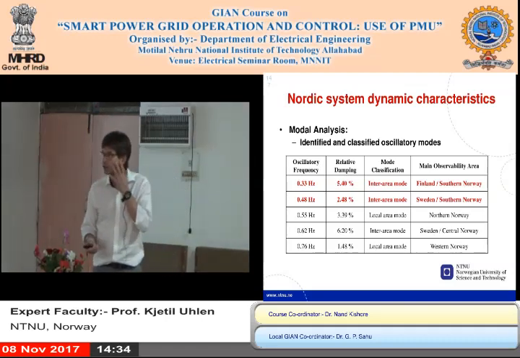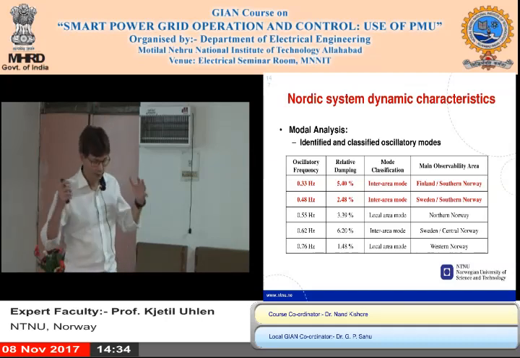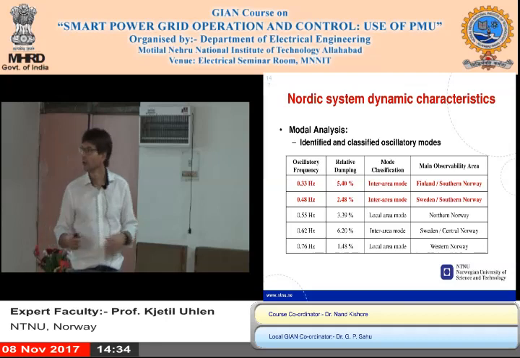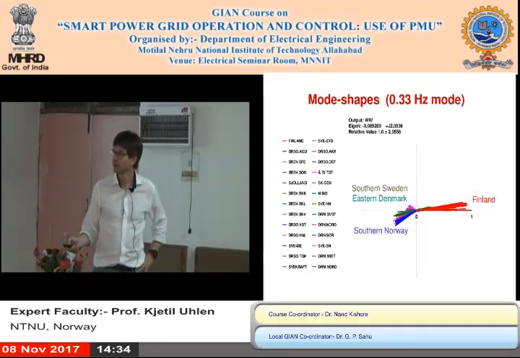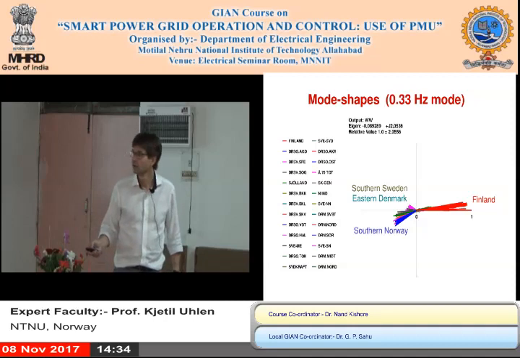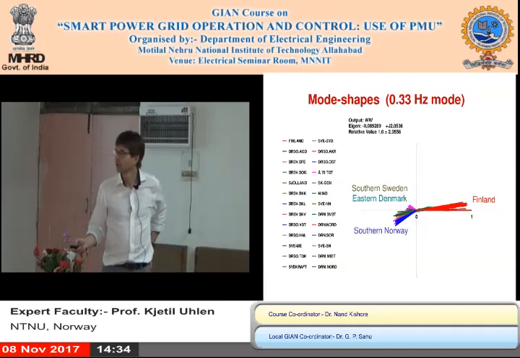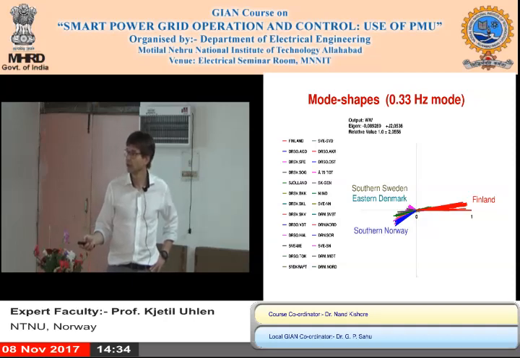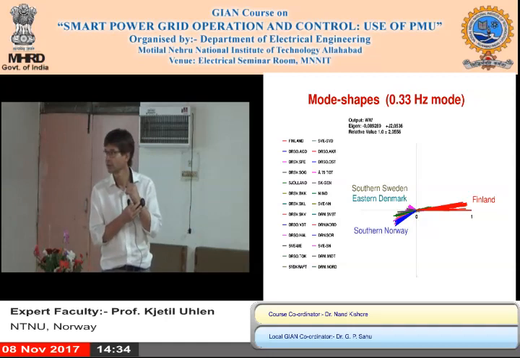If you look at the 0.33 hertz mode on this huge model and plot the elements of the eigenvectors related to the speed of the generators, we see that we have a bunch of eigenvector elements that point in the same direction.